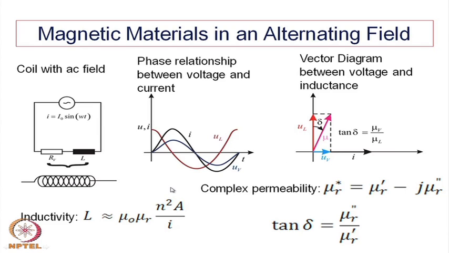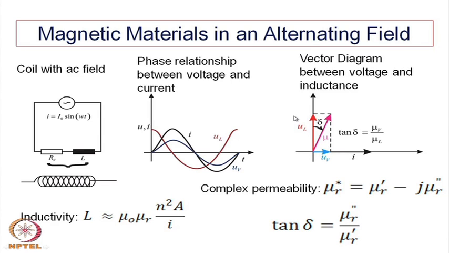It is very similar to what happens in the case of dielectric material, and this is also the vector diagram. Earlier you had a dielectric loss, here you have a magnetic loss. You have the permeability, which is in phase with the current pulse, and this is the inductance.